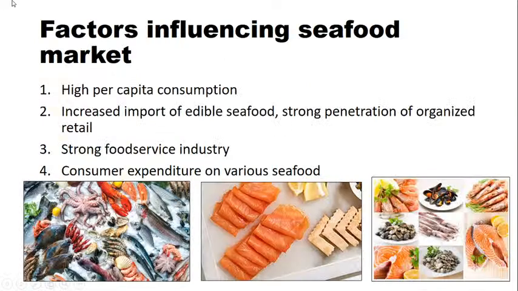There are few factors that influence the seafood market in a certain region. First would be the high per capita consumption. Per capita consumption means the average intake of food per head or per person.